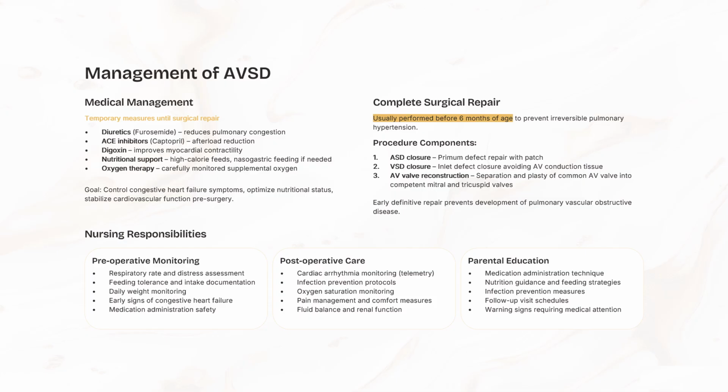Once the child doesn't have the expected weight, then we cannot go for surgical repair. Medication should be administered very safely. Cardiac arrhythmia monitoring should be done. Infection should be controlled. Oxygen saturation should be maintained. Pain management should be done. Fluid and renal function should be checked properly. And of course parental education is also very important.